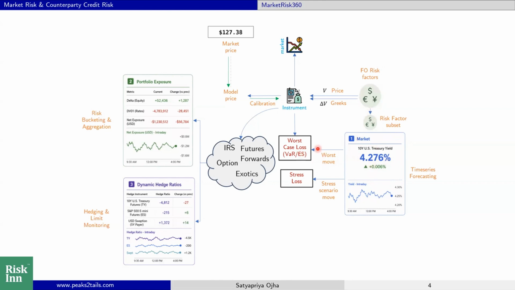Now, if you are modeling the worst case move yourself, if the bank is modeling this by themselves, it is called an internal model. If the worst case move is coming from the regulator, who has done all the time series analysis and everything, and they have recommended, hey, this is the worst case move of a particular risk factor, then it is called a standardized model, standardized framework, right?